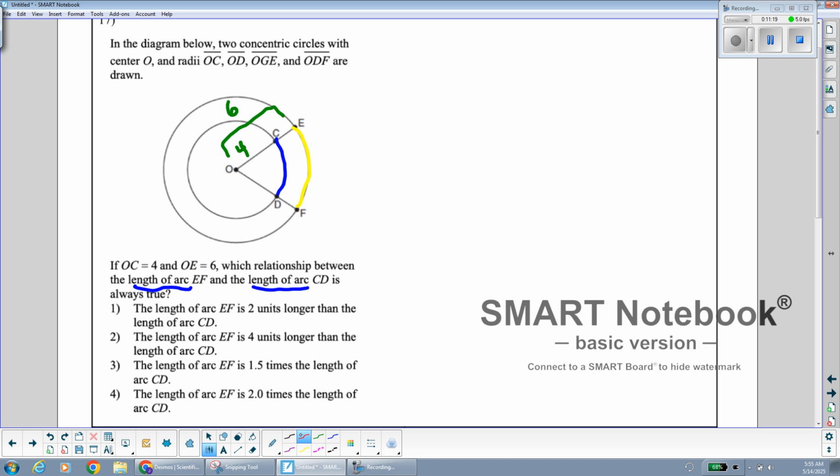So first, I'll do the outer circle. I'll write here the big circle. And the problem is that they don't give us an angle measurement in order to compare.